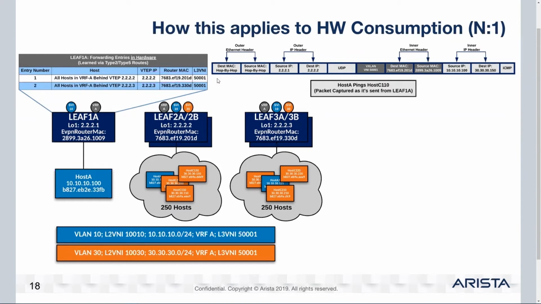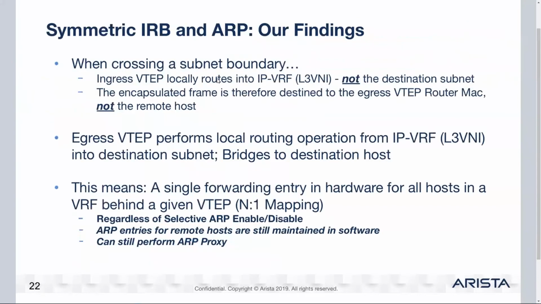So if we take a look here, we'll take a pause and then open it up for some questions before we jump into our proxy. But looking at our findings, a big piece of this was that when crossing the subnet boundary, we always perform a routing operation. And notice that we didn't really bring up the selective ARP model, because whether it's enabled or disabled in the symmetric IRB routing model, for remote hosts, remember, we're following the routes.